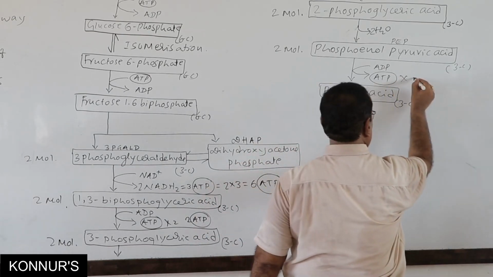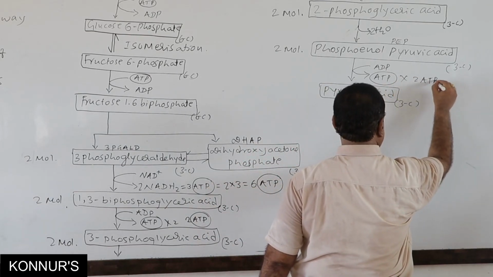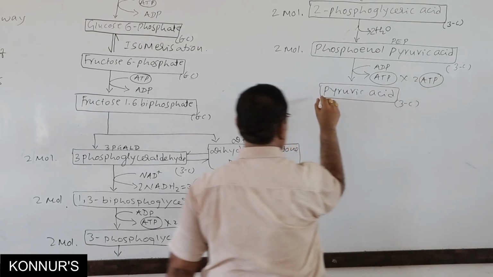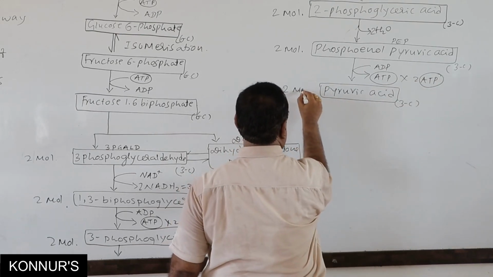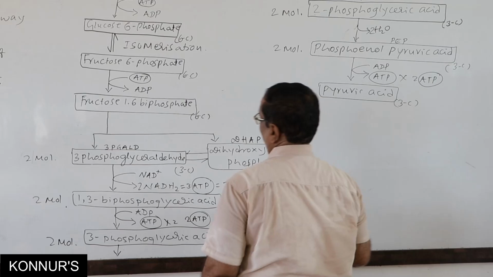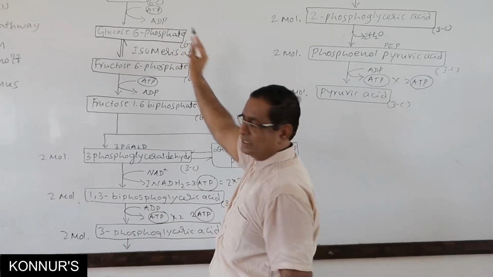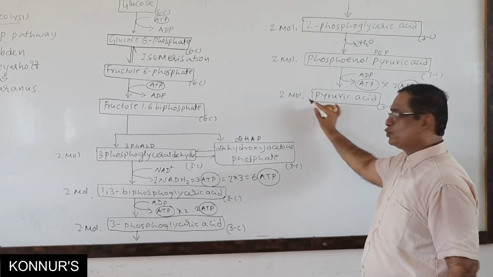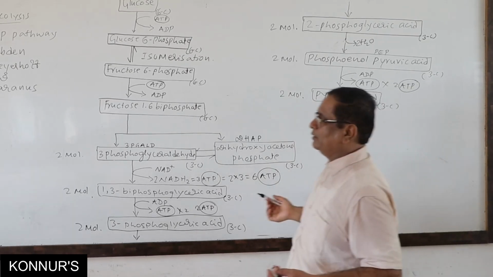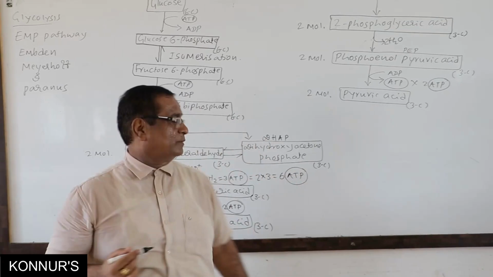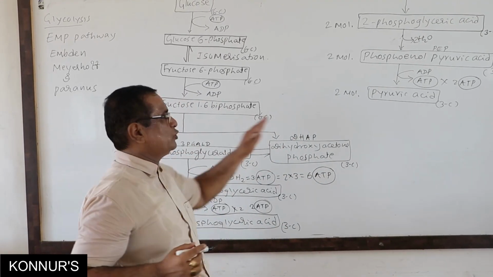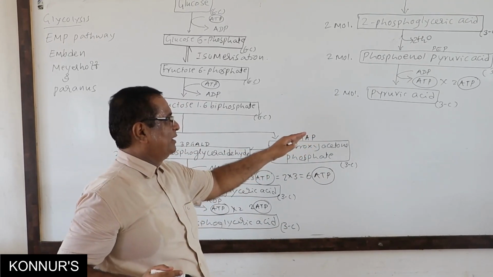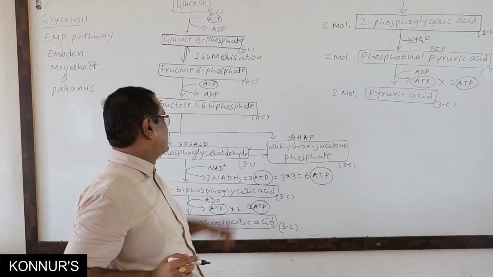And 2 ATPs are formed. Then finally 2 molecules of pyruvic acid are formed. Glucose has 6 carbons and pyruvic acid has 3 carbons, but they are 2 molecules. This is glycolysis, a splitting of glucose into 2 pyruvic acids.